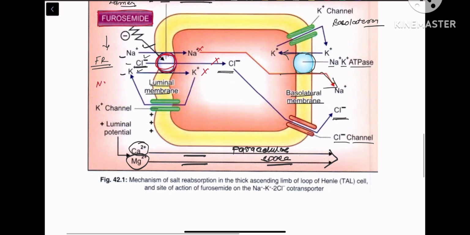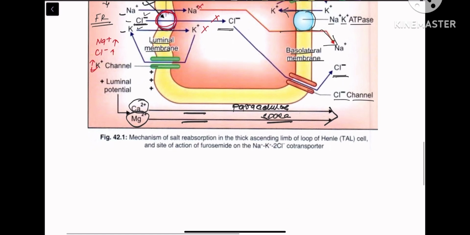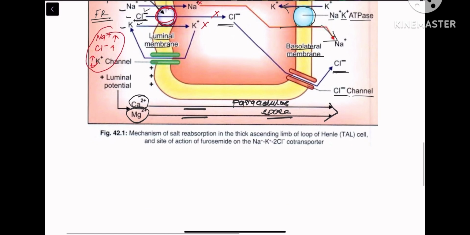Now the sodium concentration is increasing, chloride concentration is increasing, and potassium concentration is also increasing. Calcium and magnesium are also not transported through the paracellular route, because these are transported only for the balance of the potential.